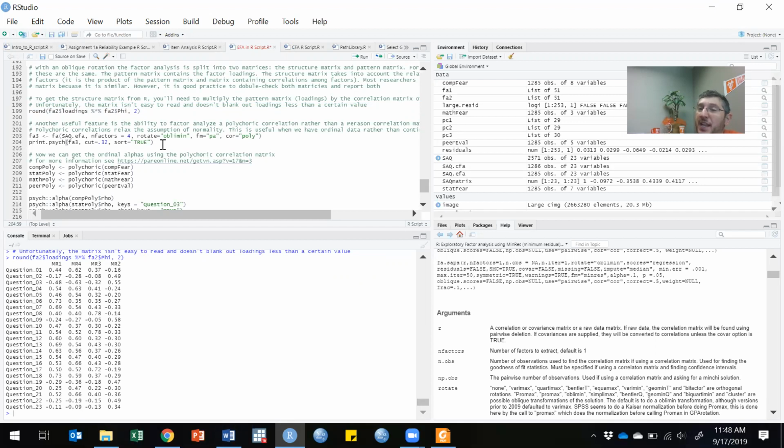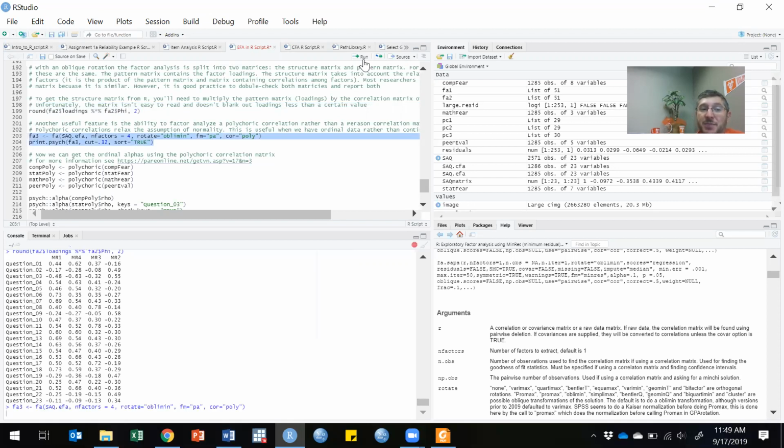It's really easy to do in the psych package. You basically just add this command here that says to use the polychoric correlations. We can run this and we get very similar results.